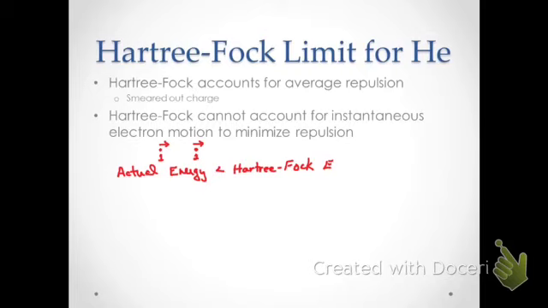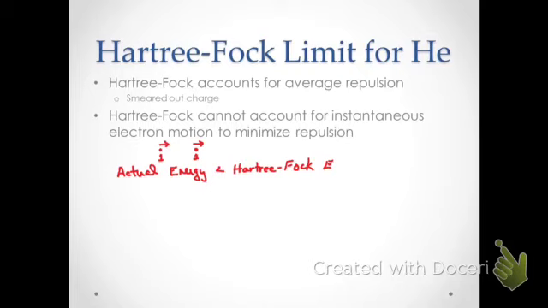And so as a result of that, this instantaneous interaction actually results in less repulsion than is the case if we just think of these average smeared out charge distributions. So the actual energy that we measure in the laboratory is less than the energy that we can get from the Hartree-Fock calculations.